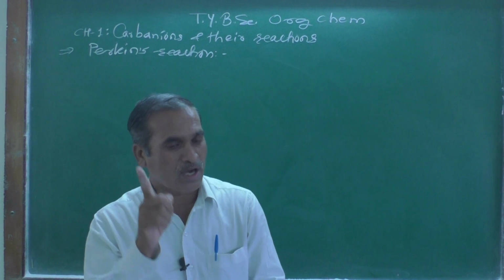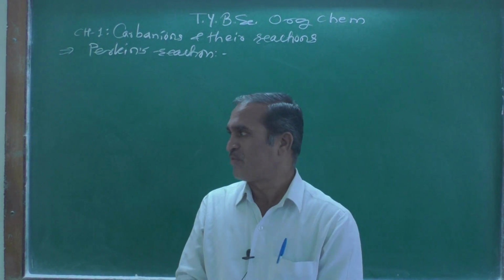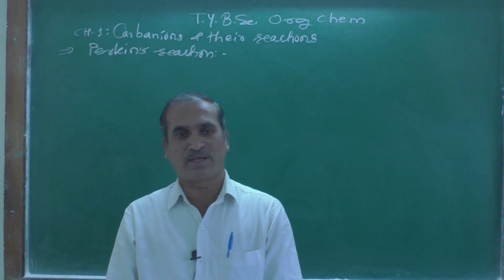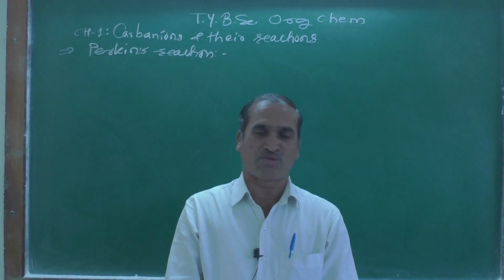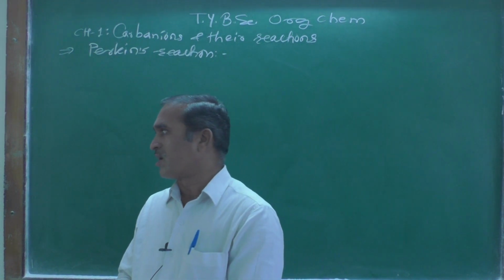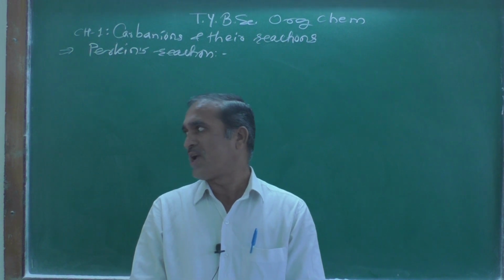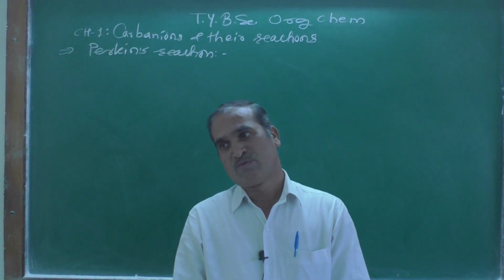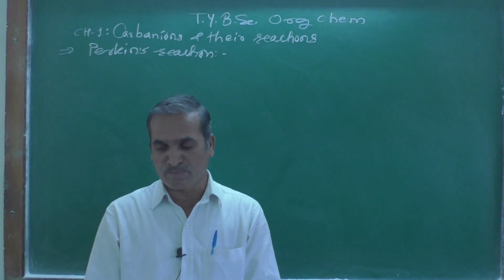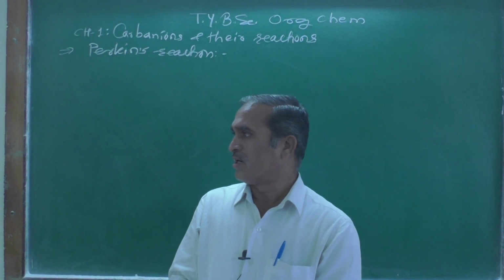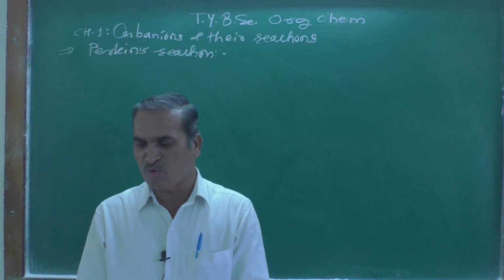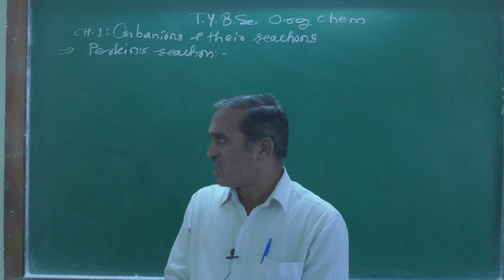It abstracts the proton from the acetic anhydride, forming a carbanion. That carbanion attacks the carbonyl carbon of the benzaldehyde, and further we get a compound, which on hydrolysis gives cinnamic acid.